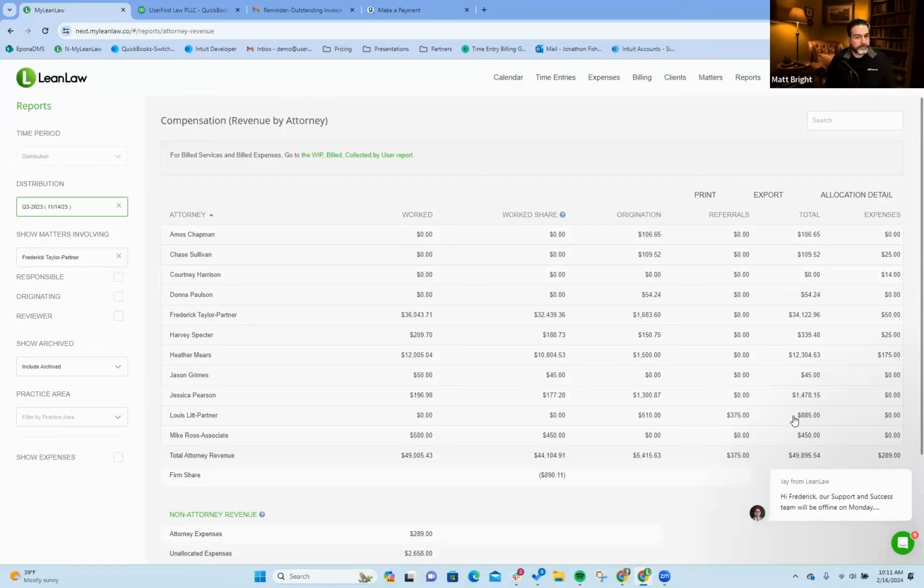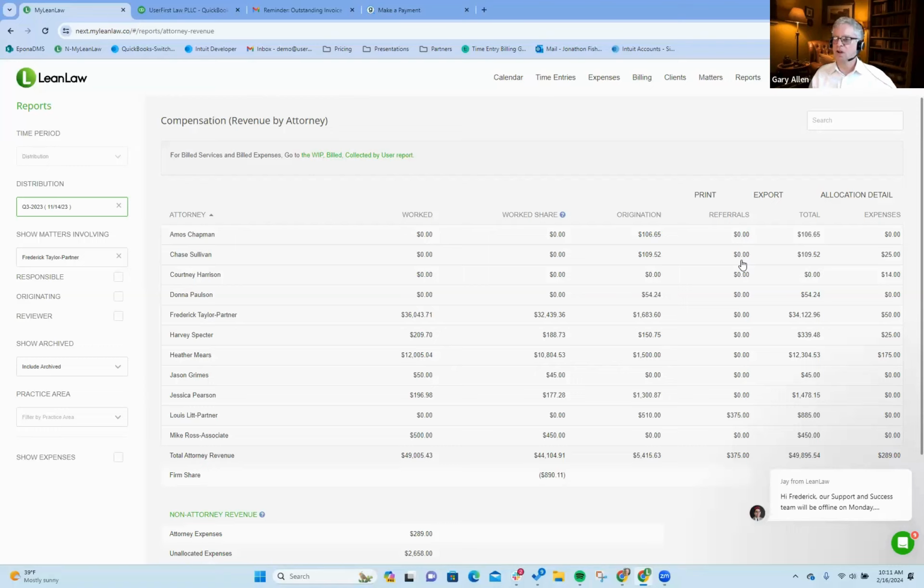So this covers kind of 80% of the compensation systems that people have, so I'm guessing on that percentage, but it's kind of the ones we hear about most often.